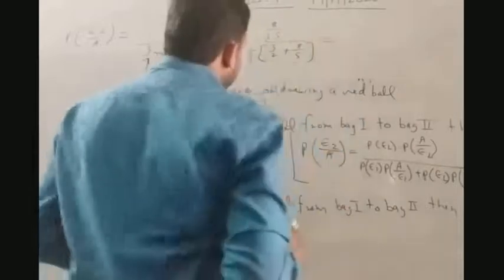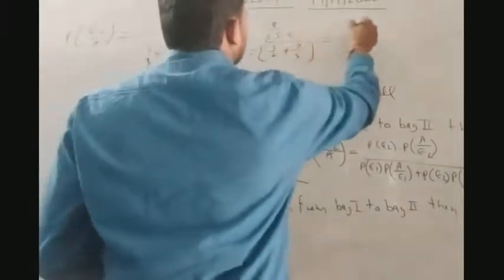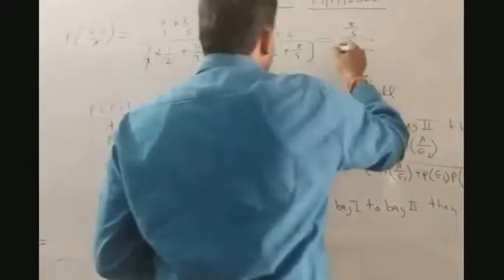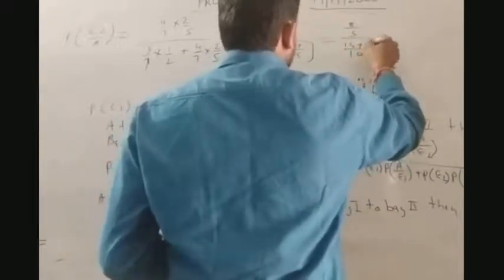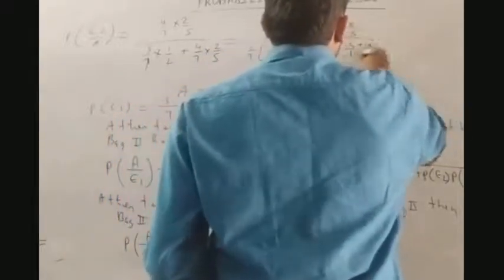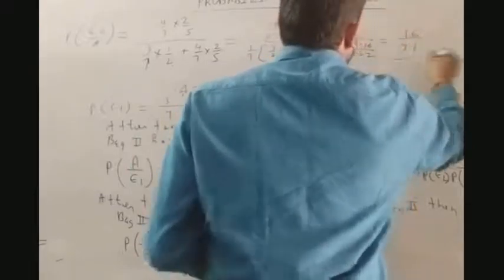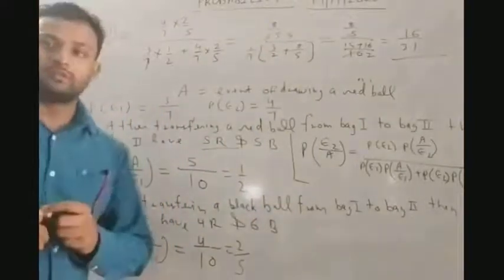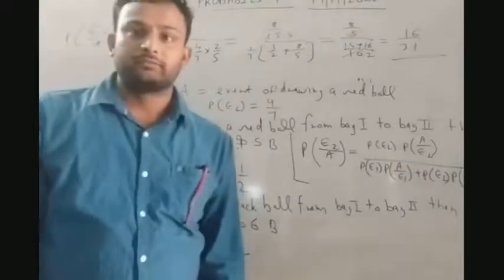After solving this, this will be cancelled. This will be 8 by 5 by 10, 15 and 2. So it will be 16 by 31. It will be the probability of the question which is given. Okay, I hope you understand.